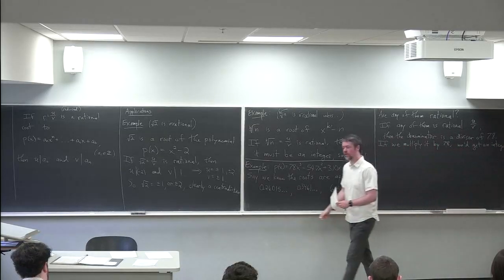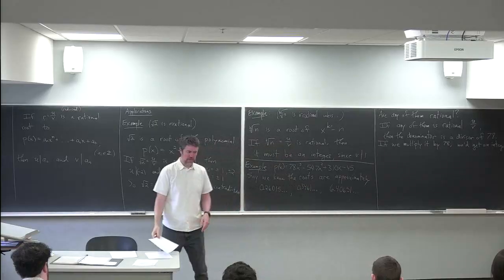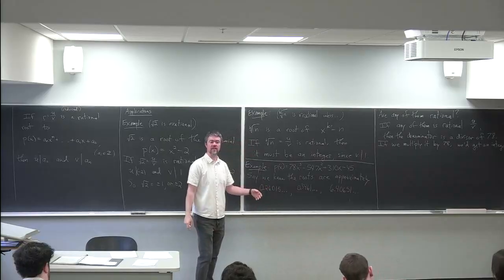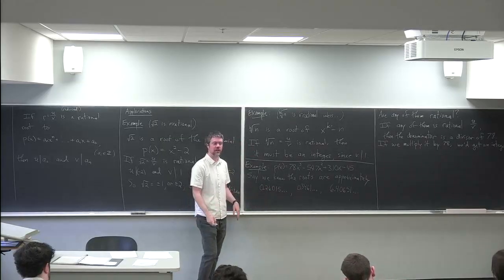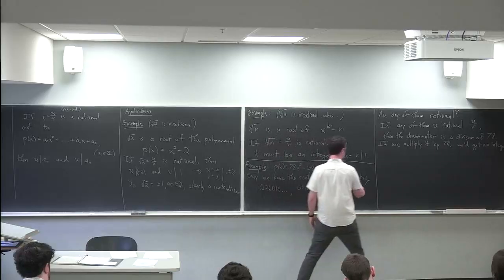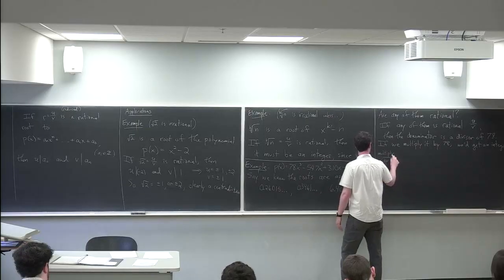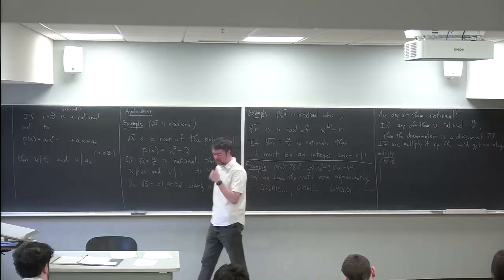The thing you can do in this little fun application is take these approximate roots you found and multiply them all by 78 and see if you ever get an integer. So you can take these numbers, just multiply by 78, and then see what happens.